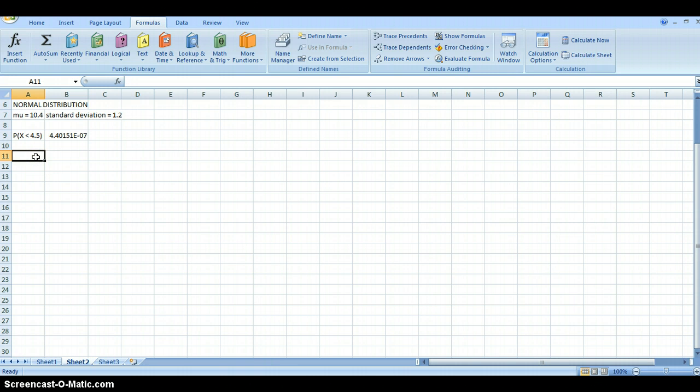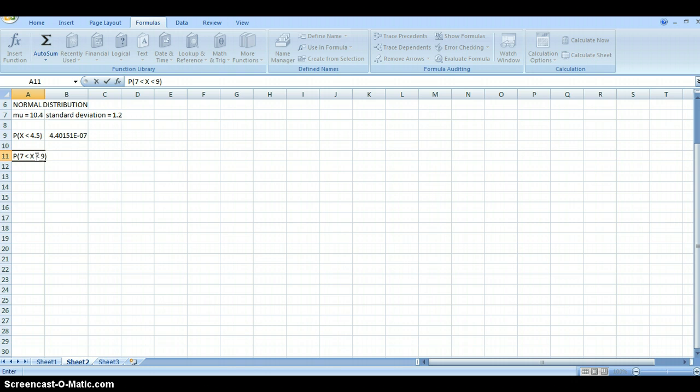If I have something where you're going to be subtracting probabilities, so maybe the probability that x is between, let's just do 7 and 8.